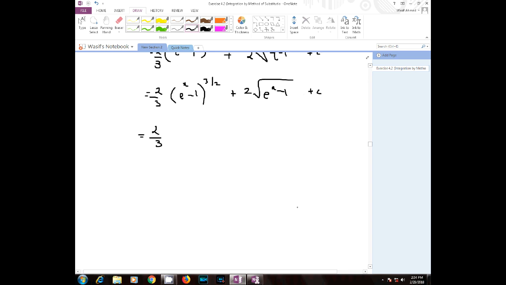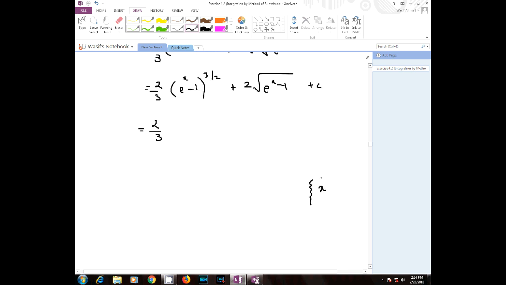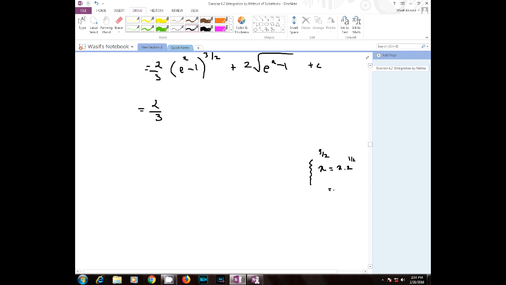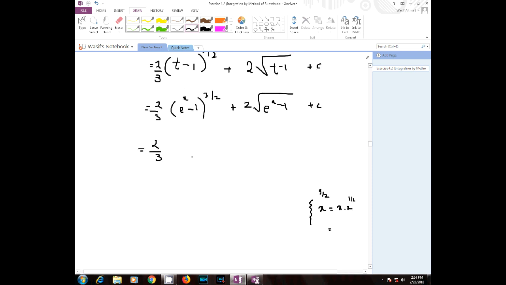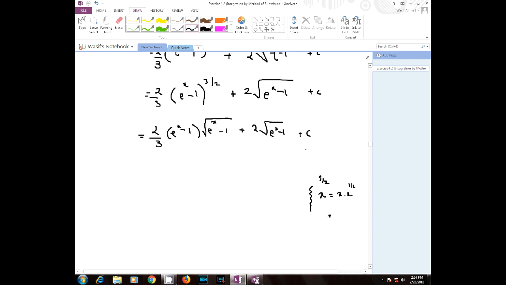Since we know that we can write x raised to the power 3 by 2 equal to x multiplied by x raised to the power 1 by 2, we can write here e raised to the power x minus 1 multiplied by e raised to the power x minus 1 whole raised to the power 1 by 2, that is square root e raised to the power x minus 1, and plus 2 times square root e raised to the power x minus 1 plus a constant of integration.